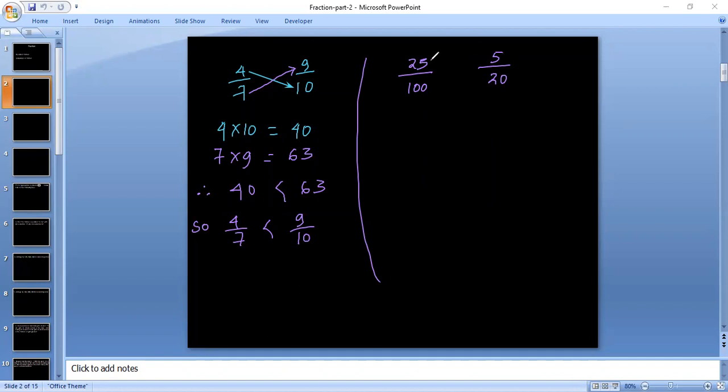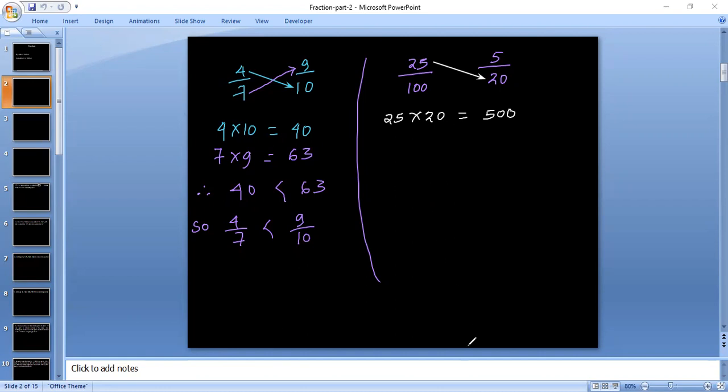The numerator of the first fraction into the denominator of the second fraction: 25 into 20 is equal to 500.